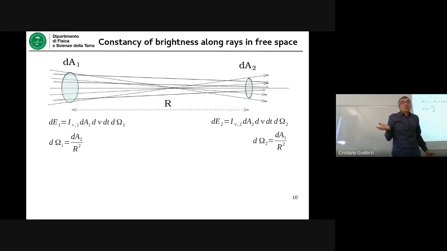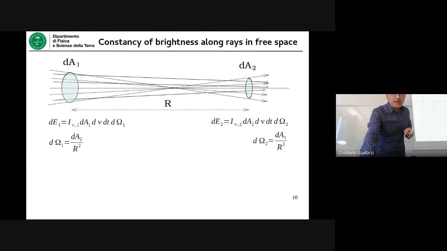And the distance is the same. Of course, this r is just the mutual distance between the two surfaces. This is probably the only subtle point in this line of reasoning which requires some careful thinking. So I hope it's somewhat clear.